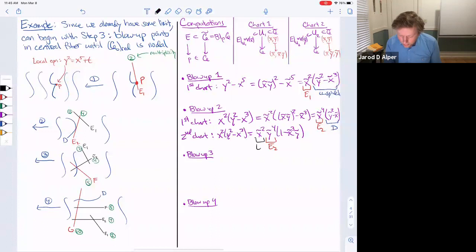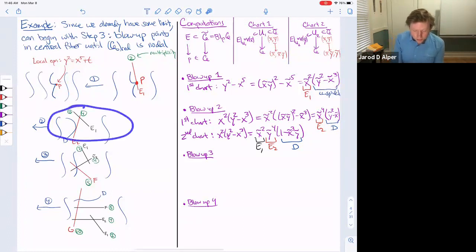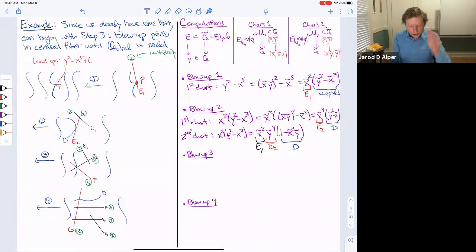This is the first exceptional divisor, and then this is the curve D. And then in this chart, it's smooth. Right, and you see as we're going along, the singularities are getting better. But at this point, there's still an intersection of this sort of like parabola tangentially to this second exceptional divisor.